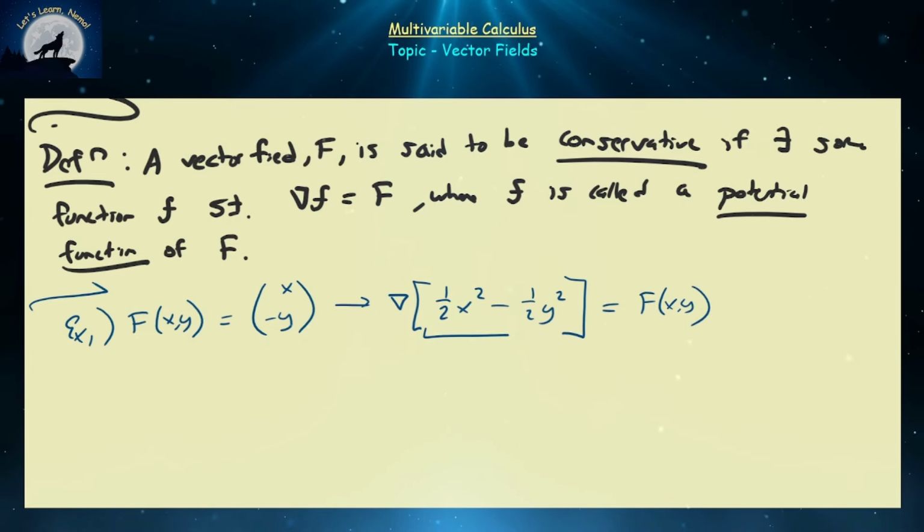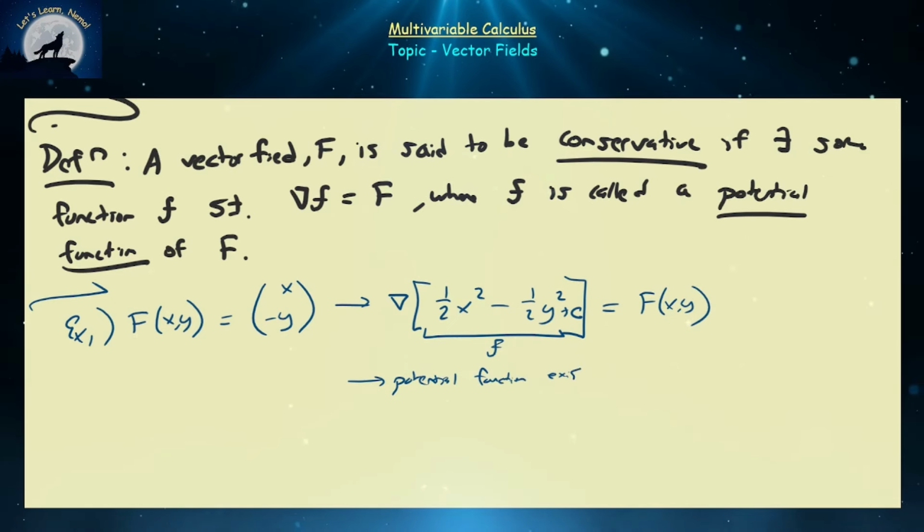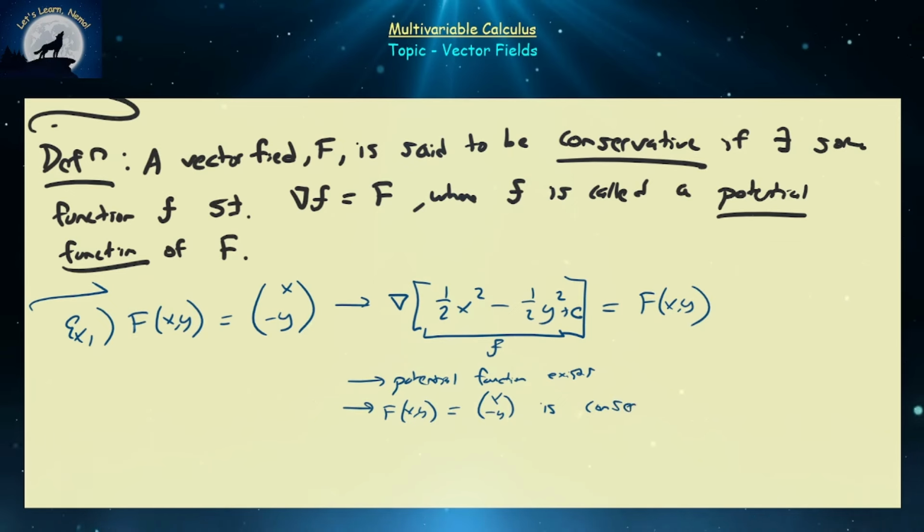And since this does satisfy that, that means this is a potential, because we can technically put a constant there, f. So this potential function exists, which means that F of x, y equals x, minus y is what we refer to as a conservative vector field.